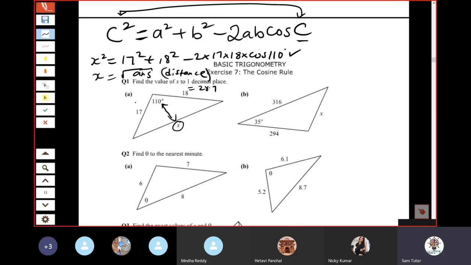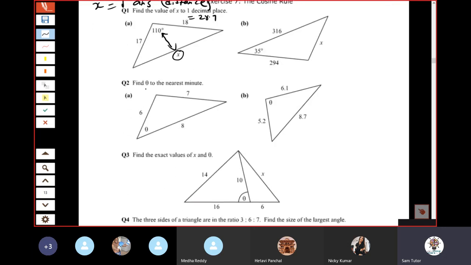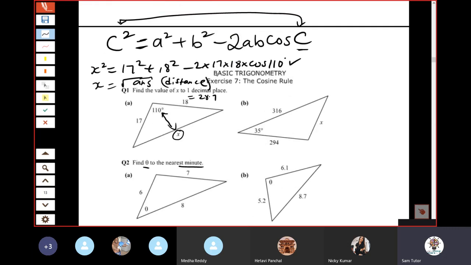Okay. Question 2. Find theta to the nearest minute. To find theta, you need to now have a formula for cos C. This one here would be like this.